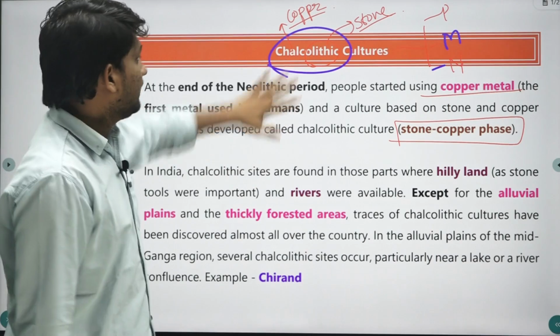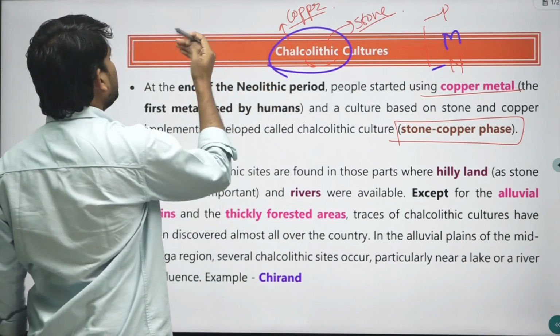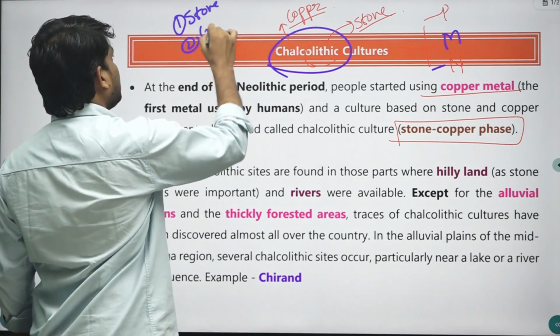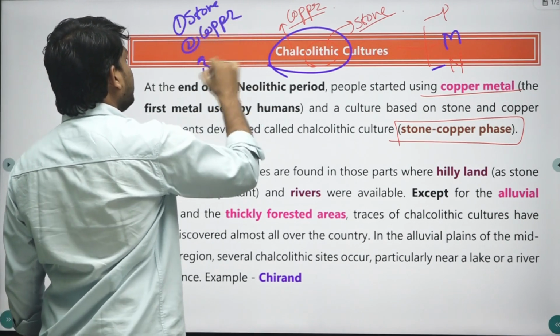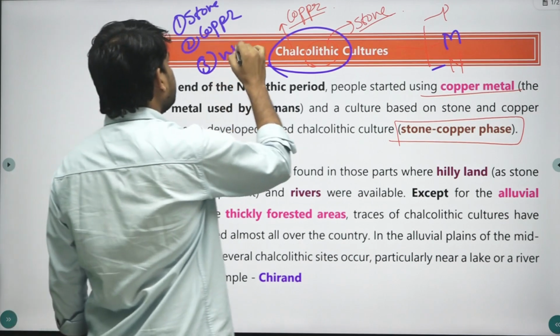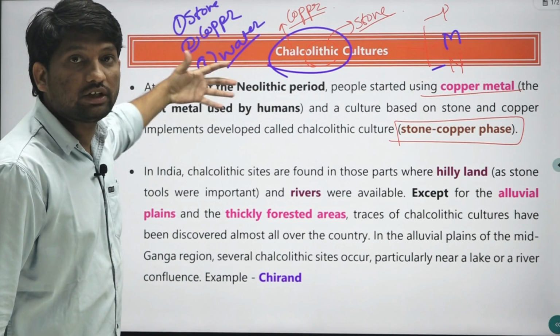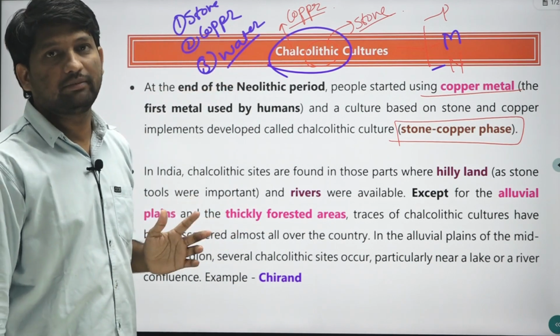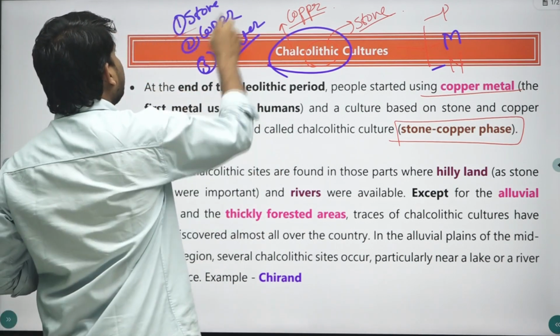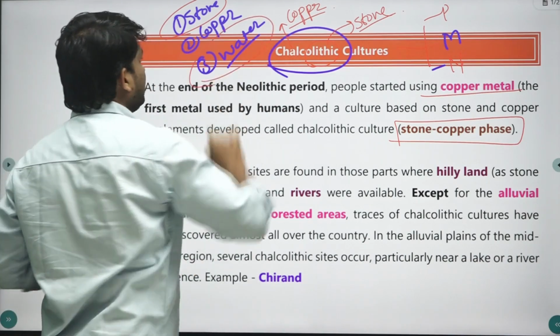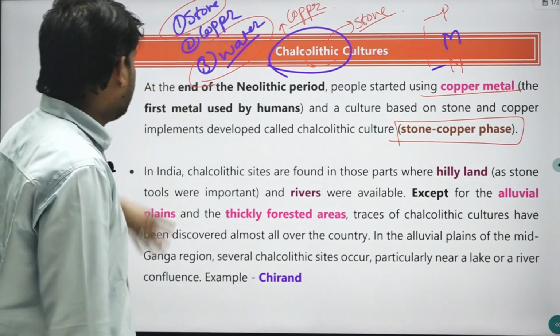If you see, even during this time they were dependent on three things. First, stone, second, copper, and third, water. So even during this time they did not settle in the alluvial plain, but only in hilly areas where stone is easily available and in river valleys where water is available.